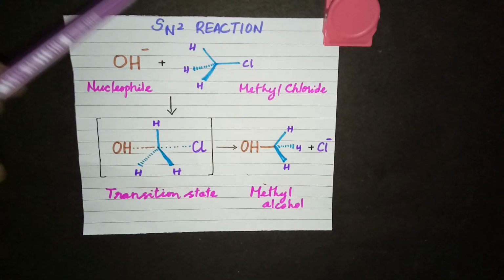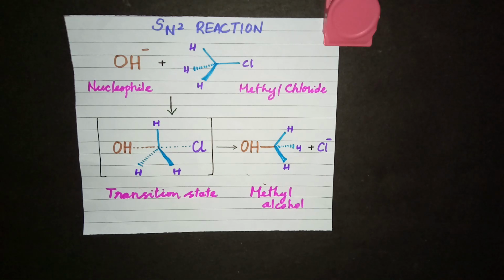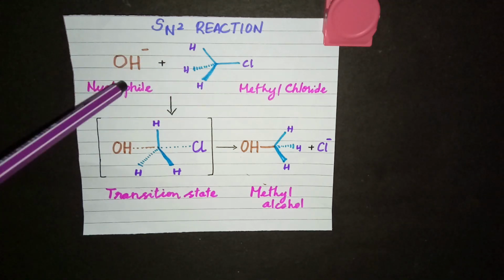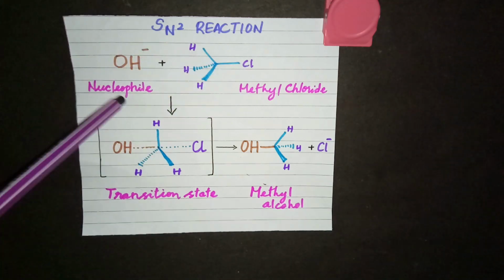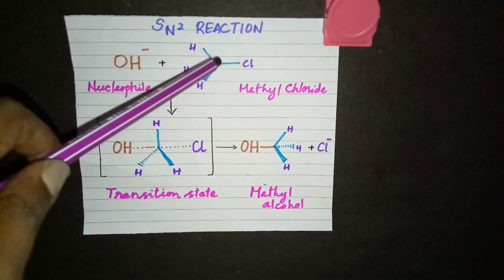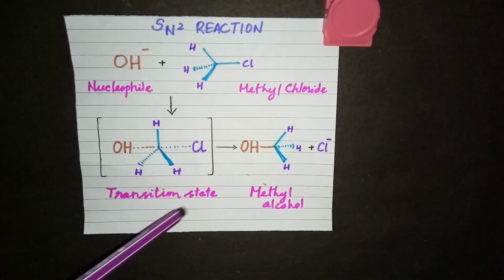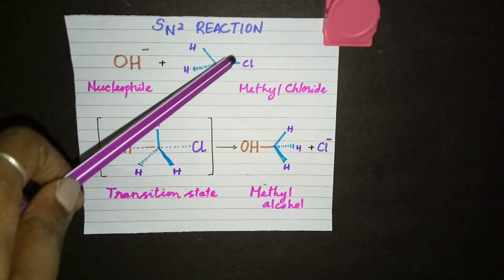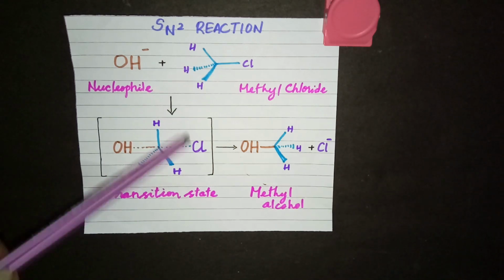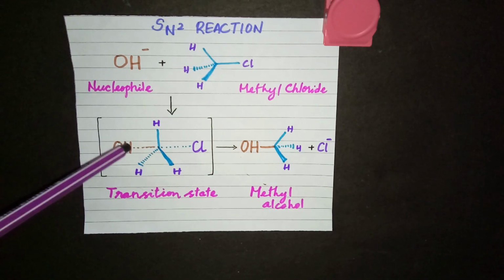When I started to talk about the SN2 reaction, I told you this 2 stands for bimolecular, which means the rate of the reaction depends on the concentration of both the reactants. So what are the reactants here? This nucleophile and this methyl chloride, both are reactants. These both react, and they give an intermediate called the transition state. In this transition state, this chloride ion is breaking away, and this OH ion is forming a bond.